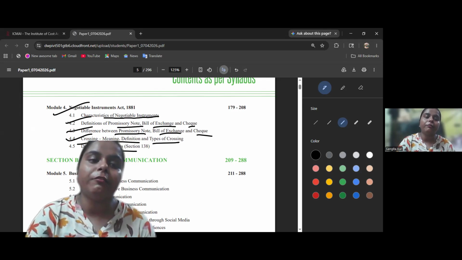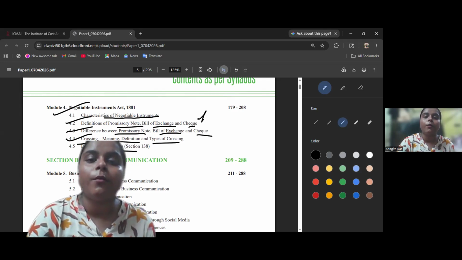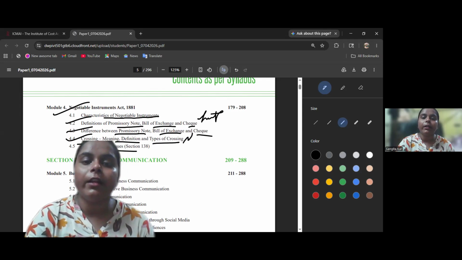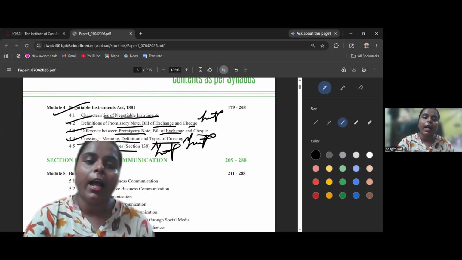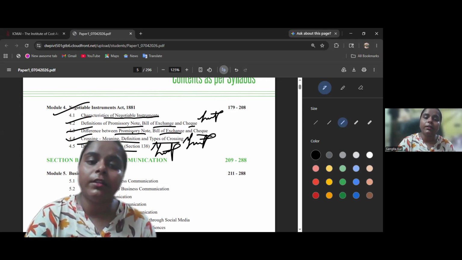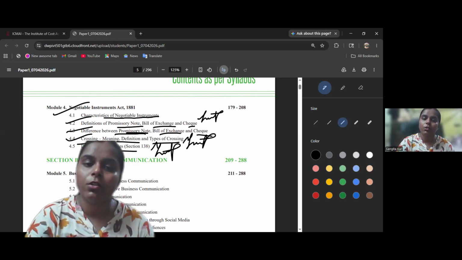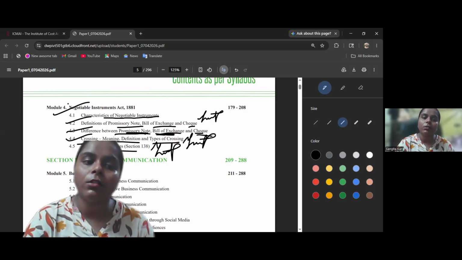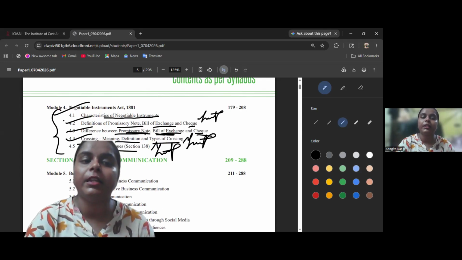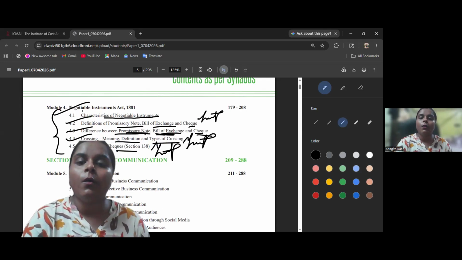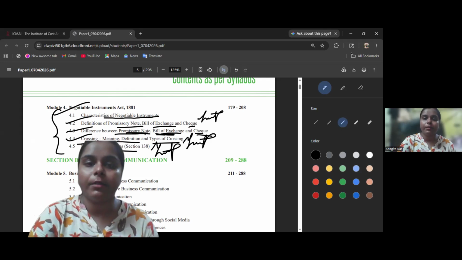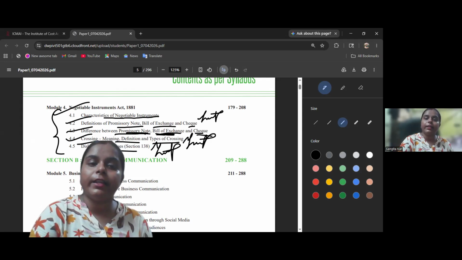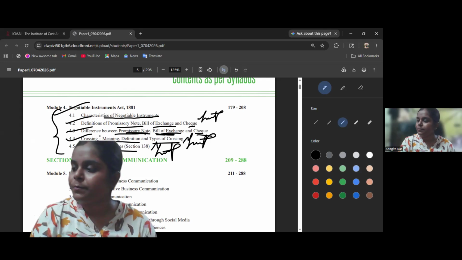From this chapter we will find questions from promissory note, types of crossing, dishonor of cheque, and also the difference between promissory note, bill of exchange and cheque. This chapter will also come in your CMA Intermediate. So when you are reading this chapter, please read carefully and thoroughly.